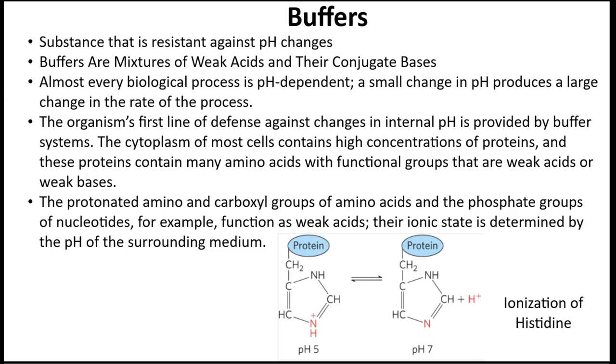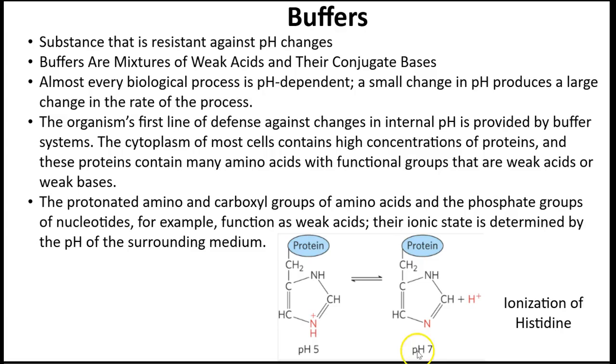The cytoplasm of most cells contains high concentrations of proteins, and these proteins contain many amino acids with functional groups that are weak acids or weak bases. We have an example here of the ionization of histidine, which is an amino acid.